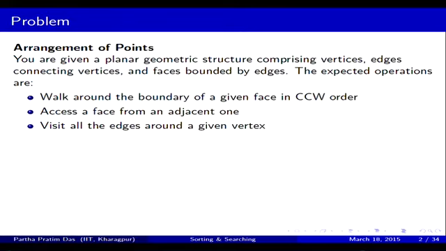We need to create a data structure which will represent these, and these are some of the sample operations that we can do on that data structure. So let's take an example.